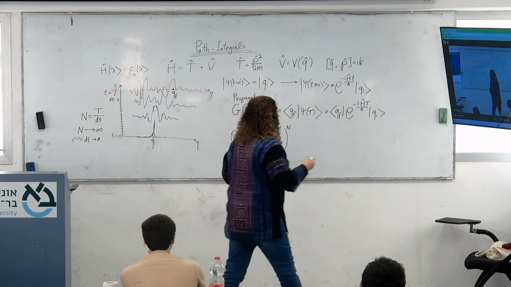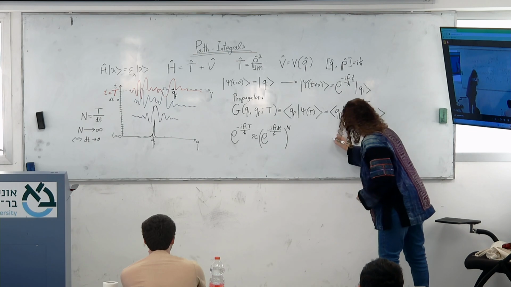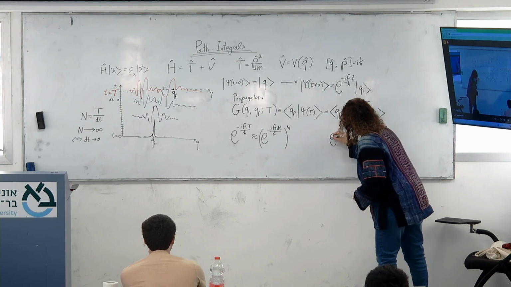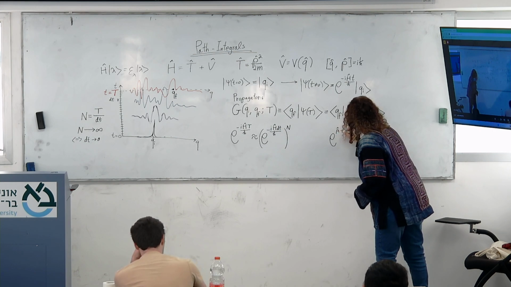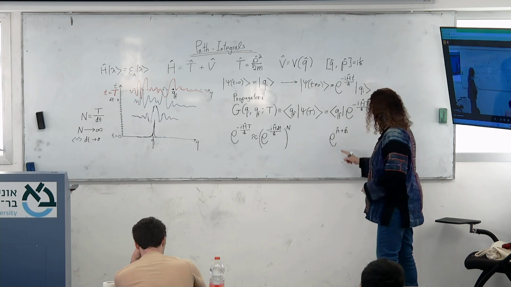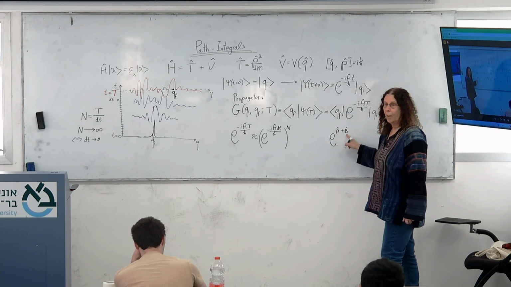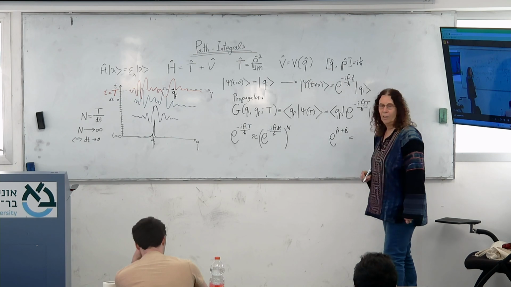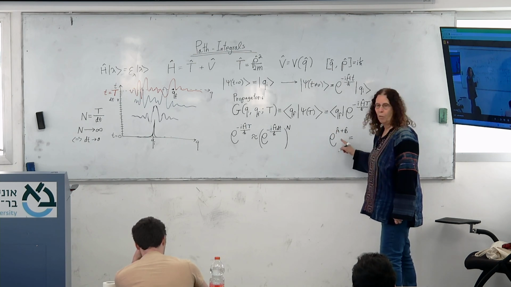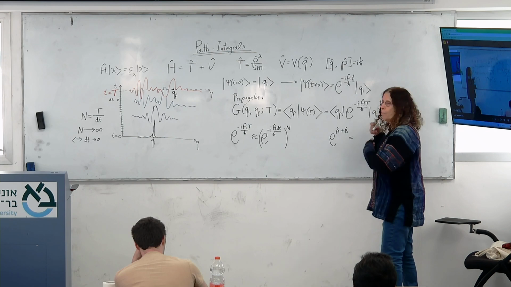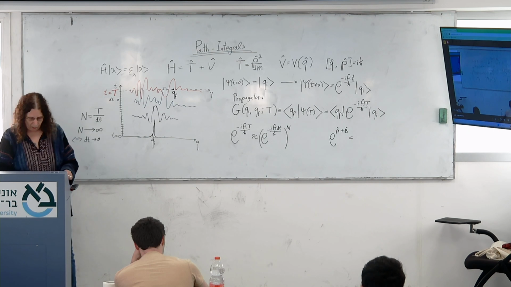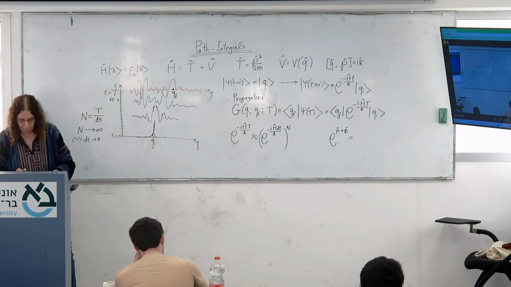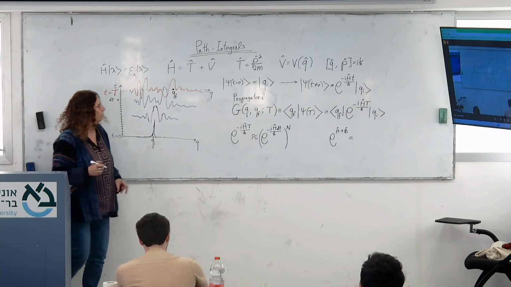Okay? Now, there is a very useful formula. If I have two operators, A and B, and I look at the exponent of A plus B, this is not equal to e to the A times e to the B. It's equal to this plus a correction.